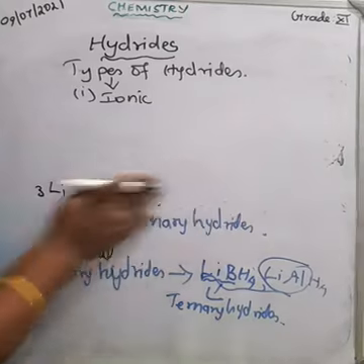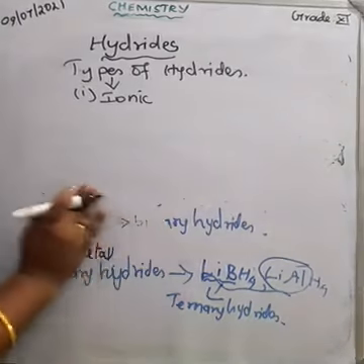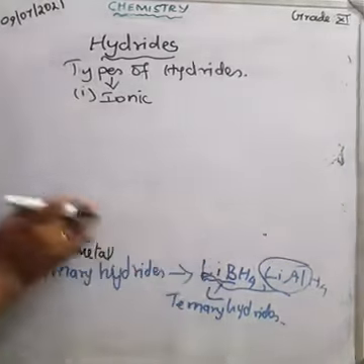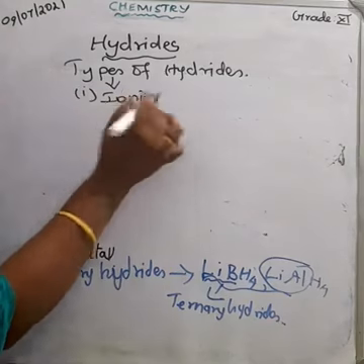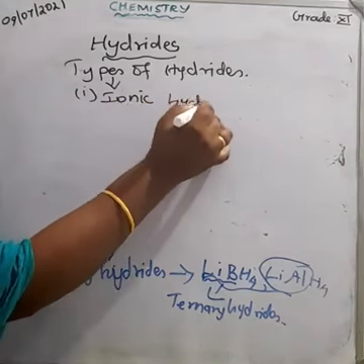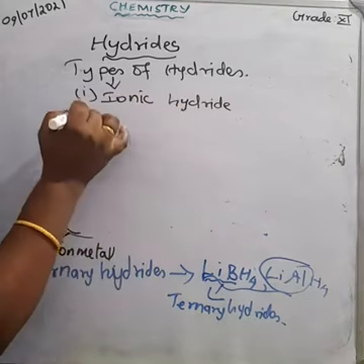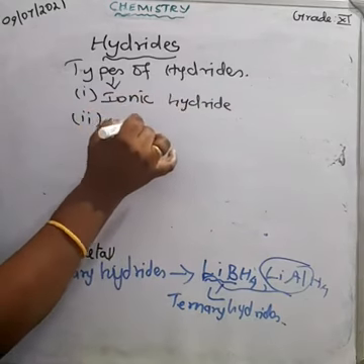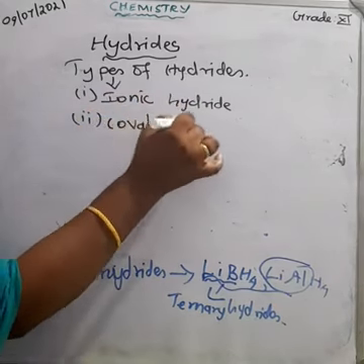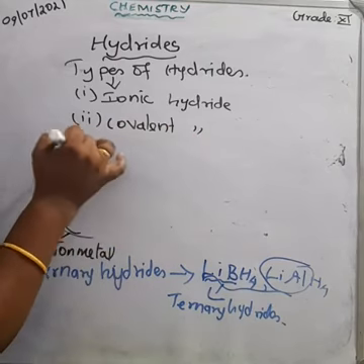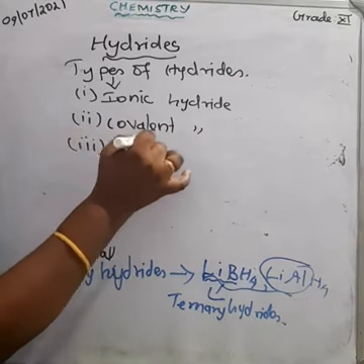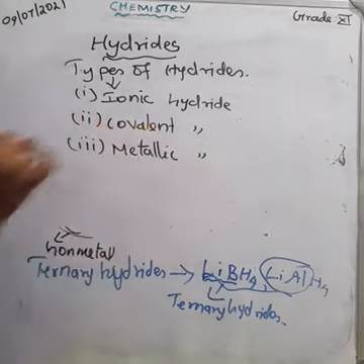Depending upon the type of bonding, the hydrides are classified into three types: ionic hydride, covalent hydride, and metallic hydride.